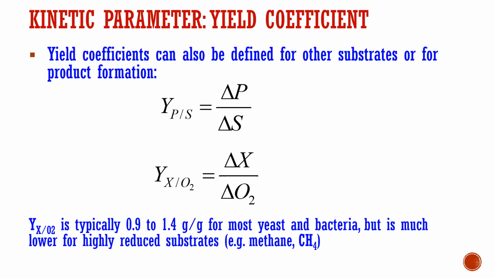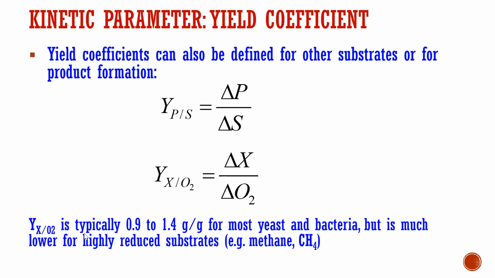You can also have P over S, this one for product, and also P over X. Instead of soluble substrate, you can also use oxygen here.